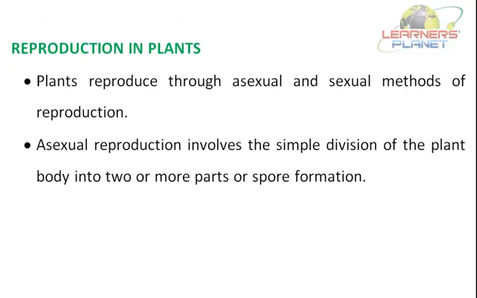Yes, reproduction in plants. Students, plants reproduce through asexual and sexual methods of reproduction. Asexual reproduction involves the simple division of the plant body into two or more parts or spore formation.